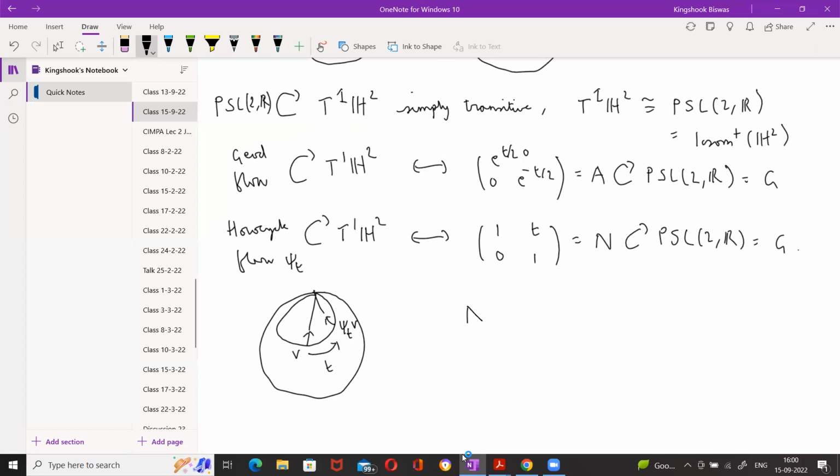So the theorem is that for N acting on T1 sigma, which is T1H2 mod gamma, which is G mod gamma, all orbits are either closed or dense when gamma is a finite co-volume lattice.